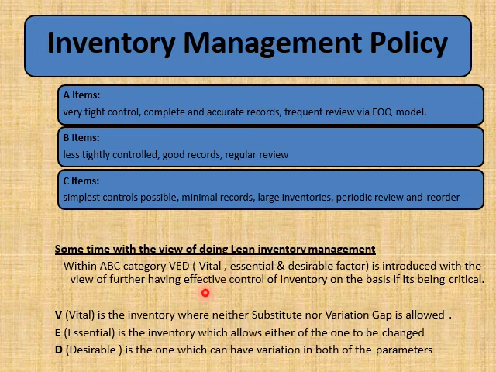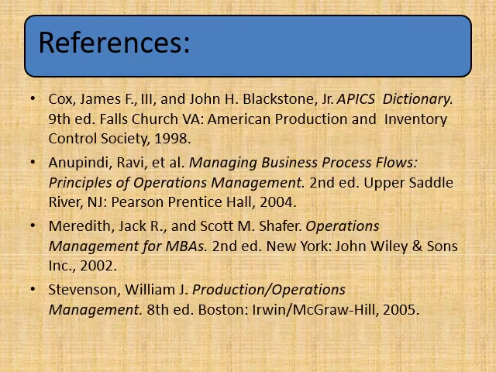We keep those items which are very important; no substitute can replace that item. E is essential, an inventory item which allows either one parameter to be changed. So here there is an option that one item could be replaced and we can still do the work. Desirable is D, where we keep those items in which variation is allowed in both parameters. These are the references for this particular slide.